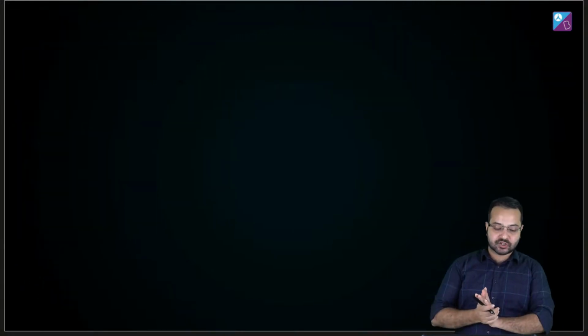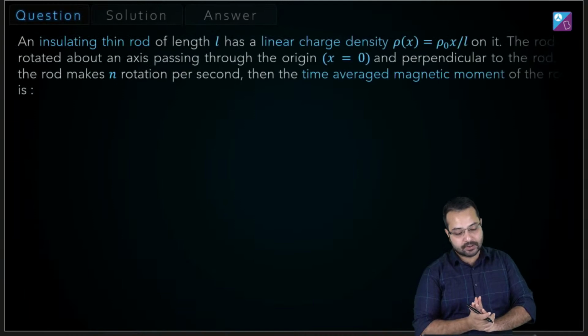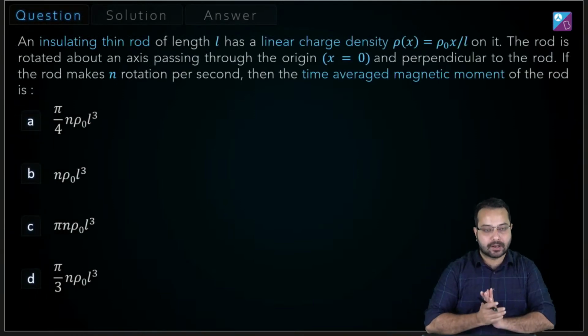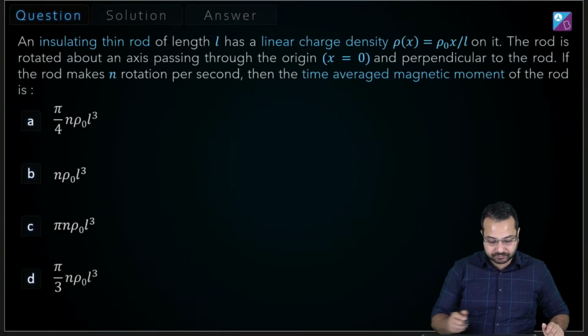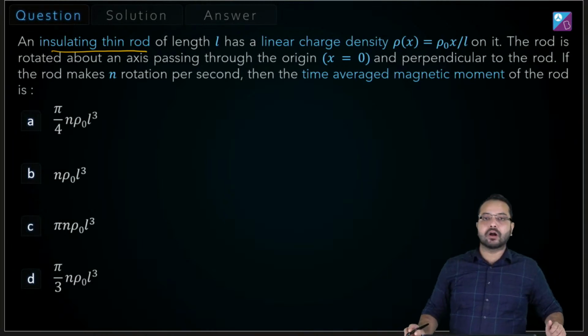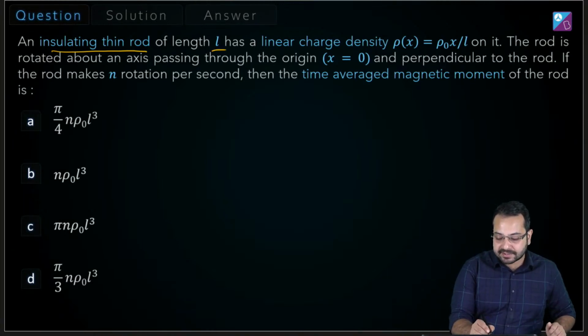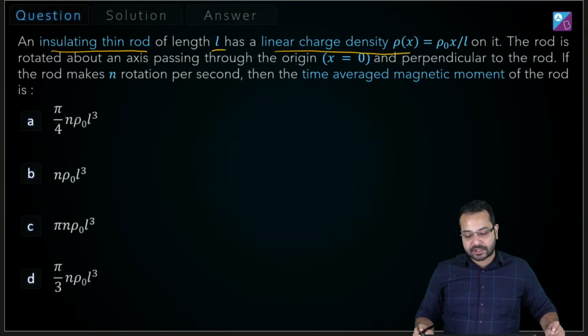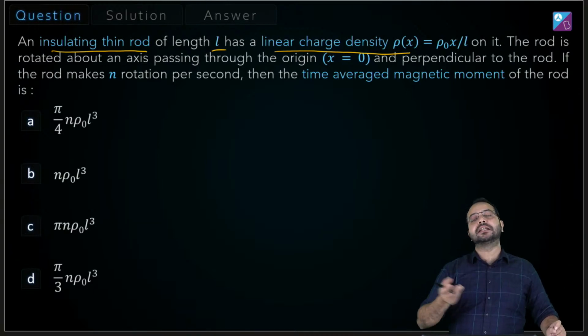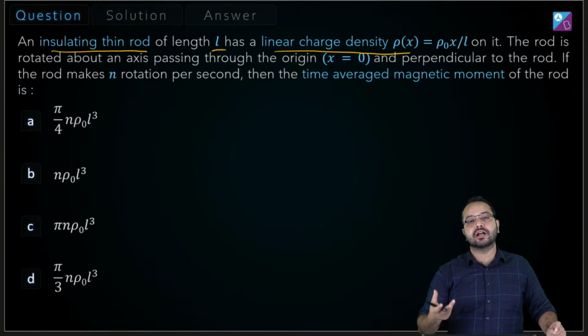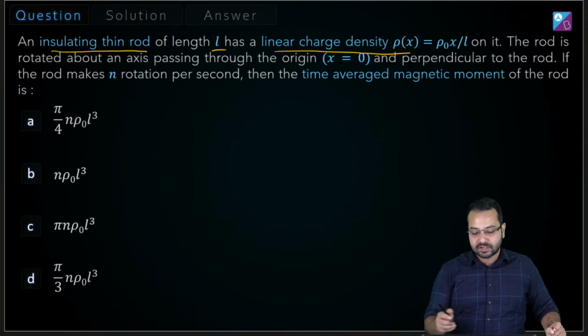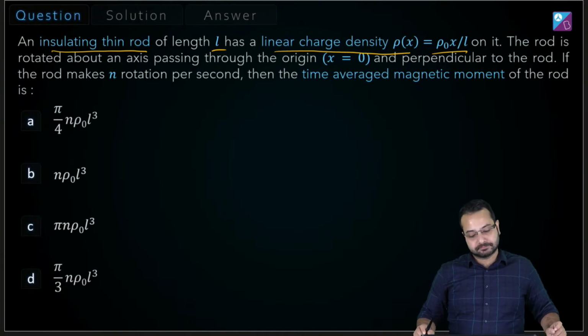All right, so the next question is right in front of you now. What's the question? An insulating thin rod of length L has a linear charge density rho of x equal to rho naught x upon L. The linear charge density means the charge per unit length, so the charge per unit length is a function of x.